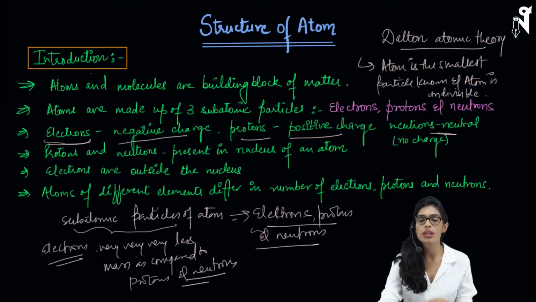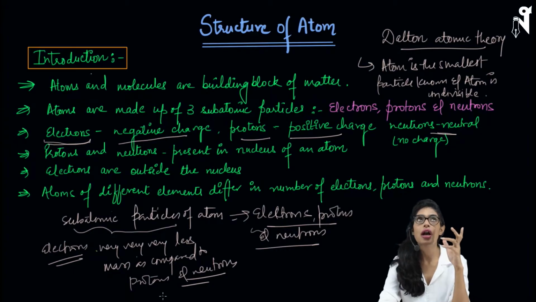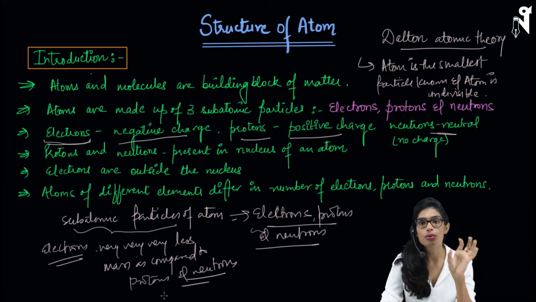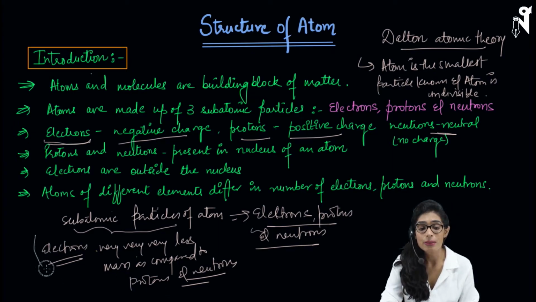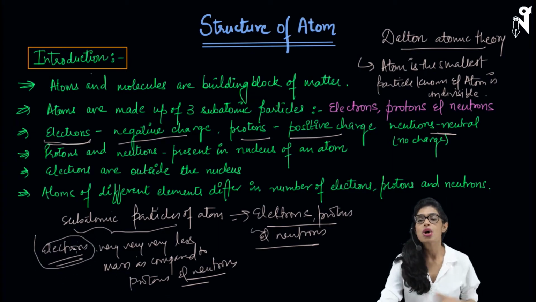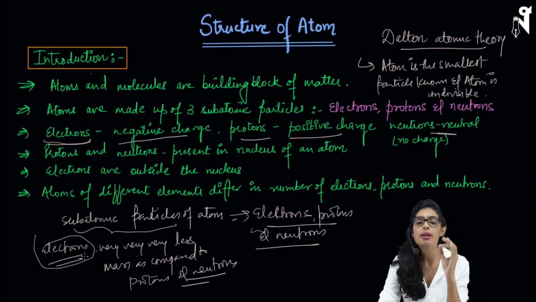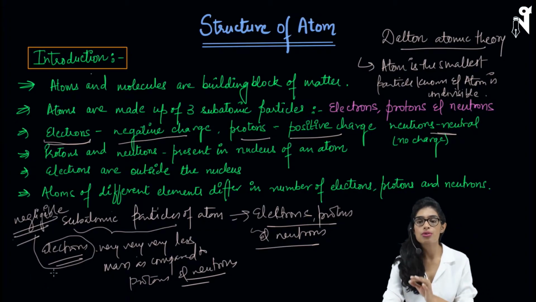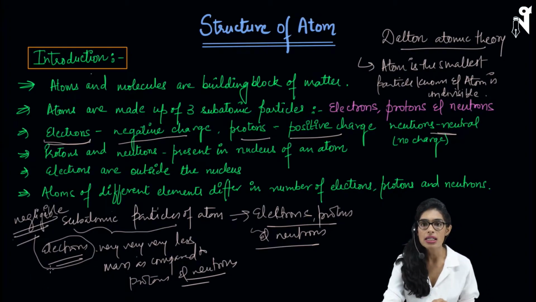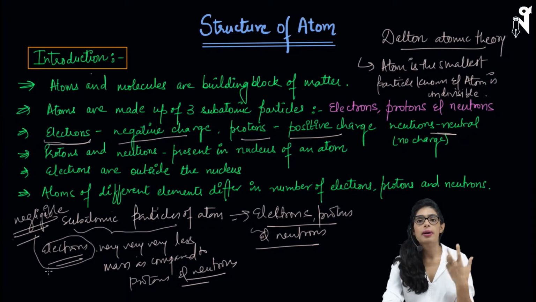Very little mass, approximately 1700 times lesser than a proton or a neutron. We will talk about it in detail. But electrons are very light, or you can say have negligible mass. When you talk about protons and neutrons, they carry a good amount of mass, approximately 1800 times more than the electrons.